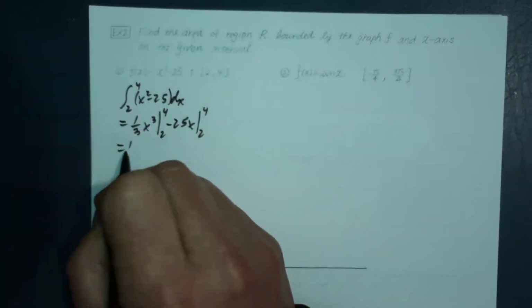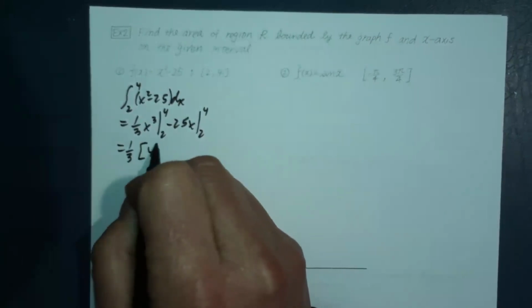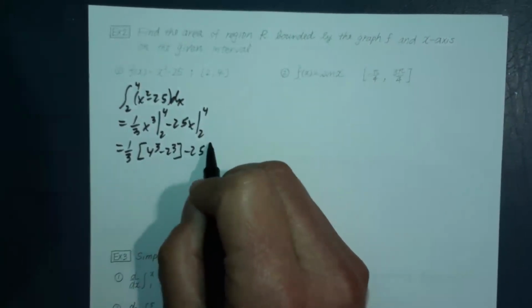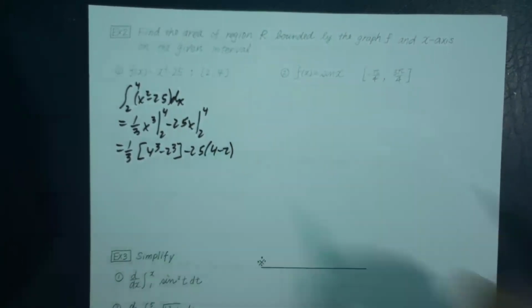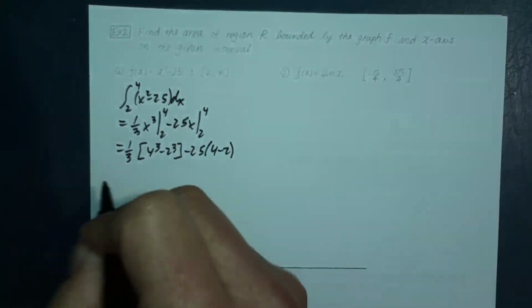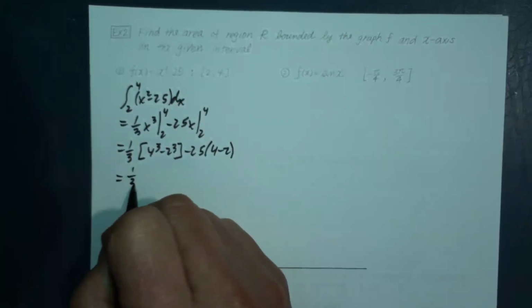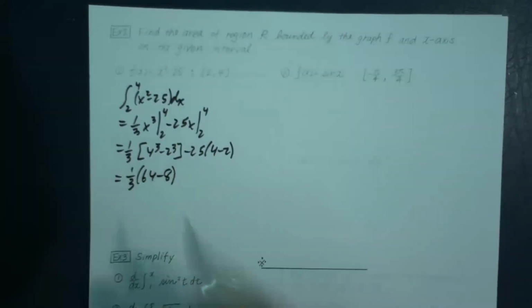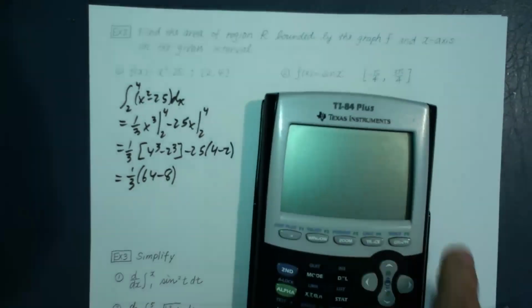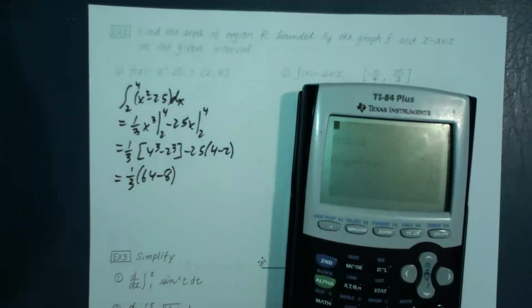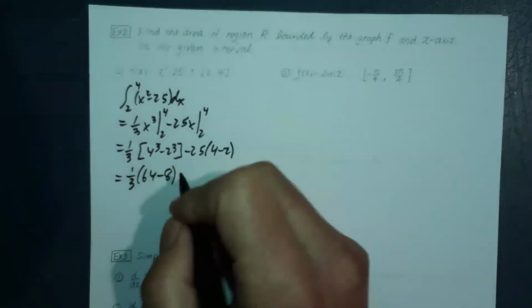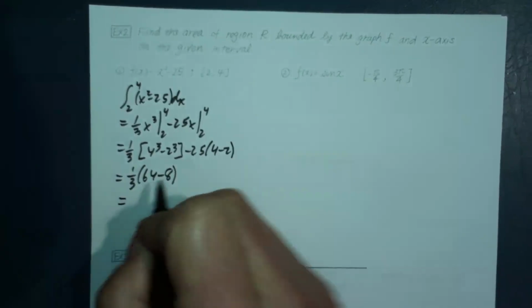And that's going to give us 1/3, 4 to the 3rd minus 2 to the 3rd, minus 25 times 4 minus 2. That's 64 minus 8, which is 56.